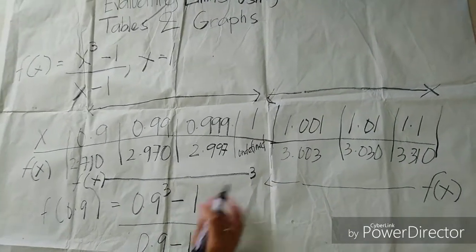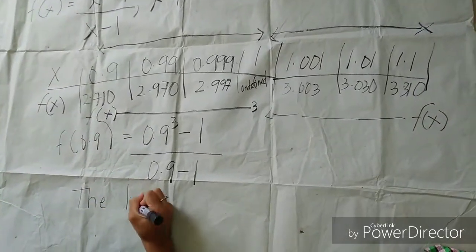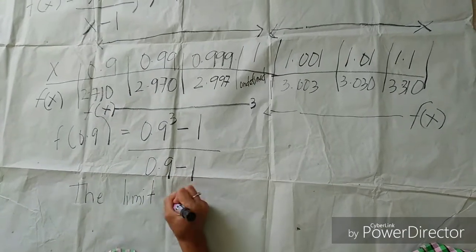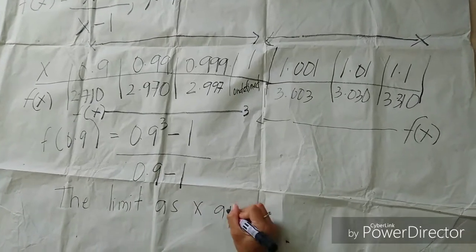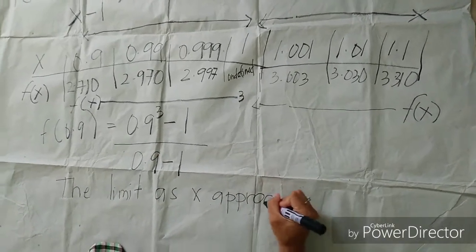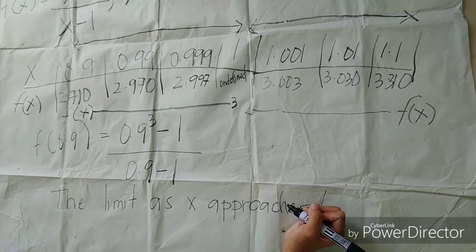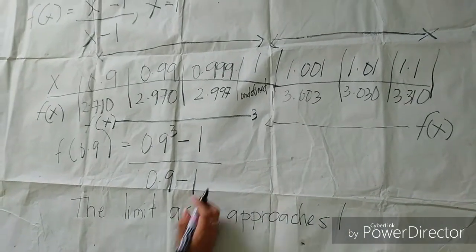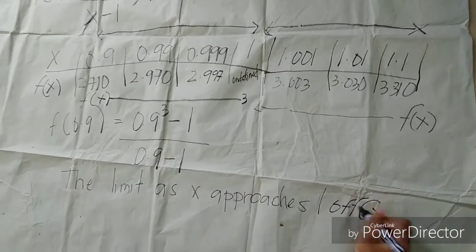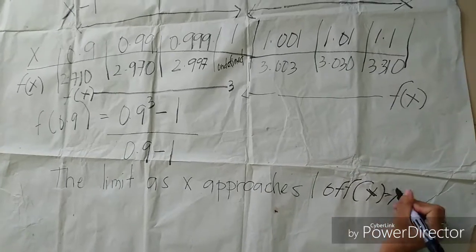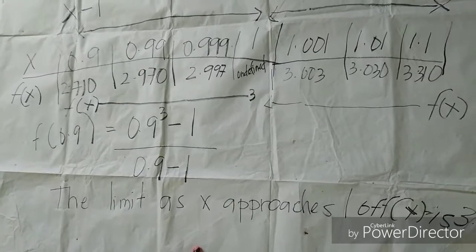Well, that's what we call a limit. So we can say the limit as x approaches 1 of f of x is 3.